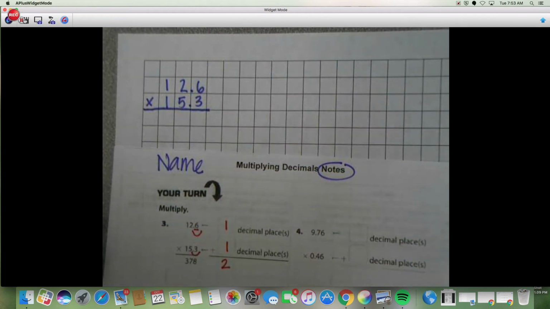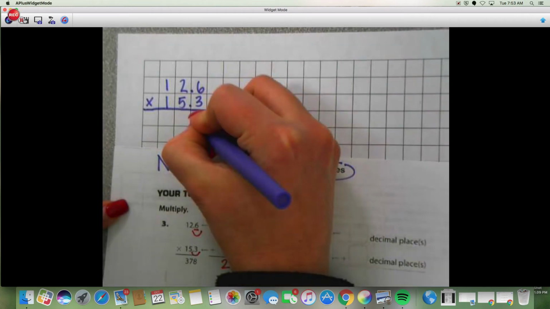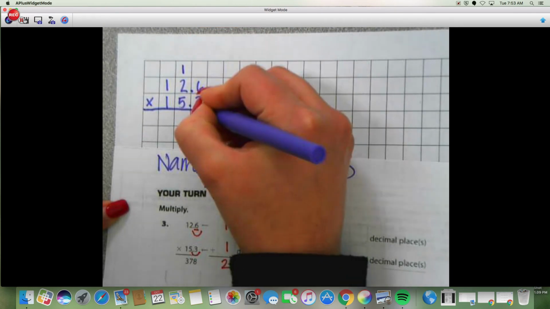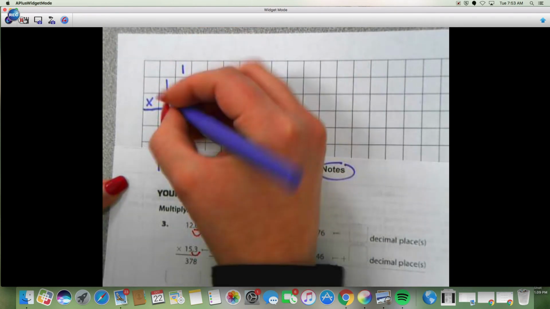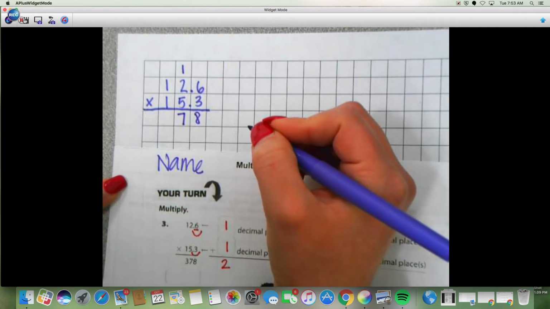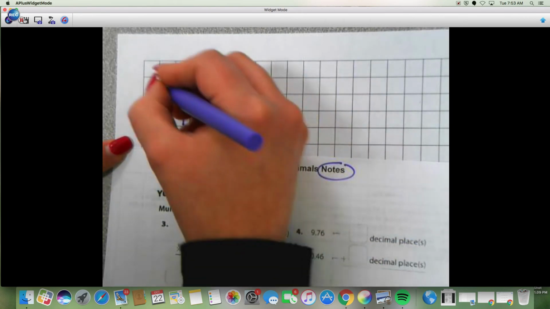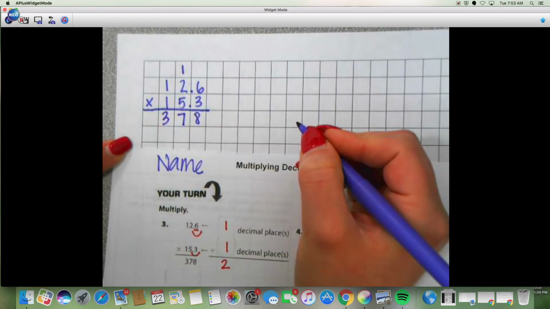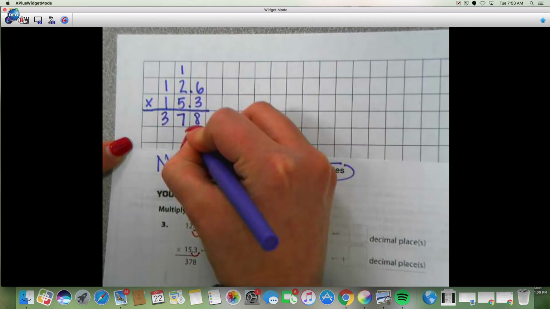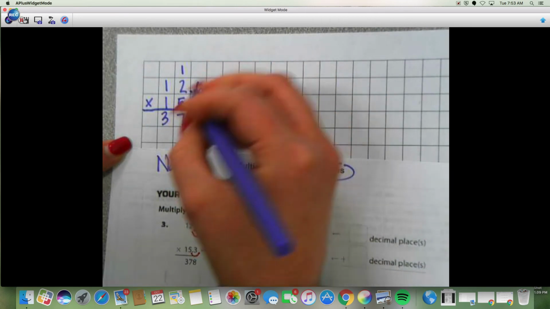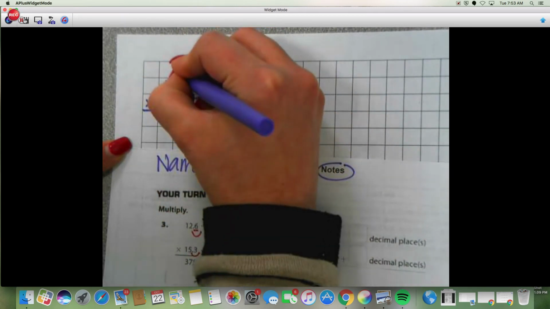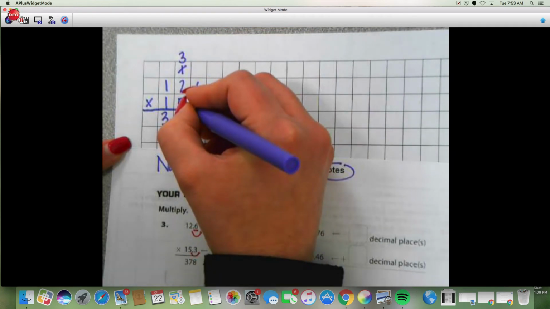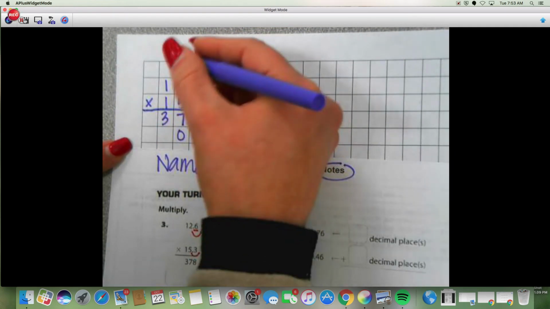So I know that 6 times 3 is 18. 3 times 2 is 6 plus 1 is 7. 3 times 1 is 3. Now I'm going to come down here, add my 0. 5 times 6 is 30. 5 times 2 is 10, plus 3 is 13.